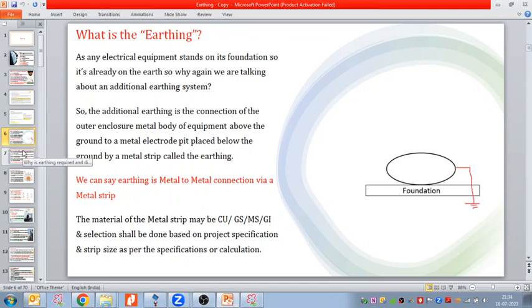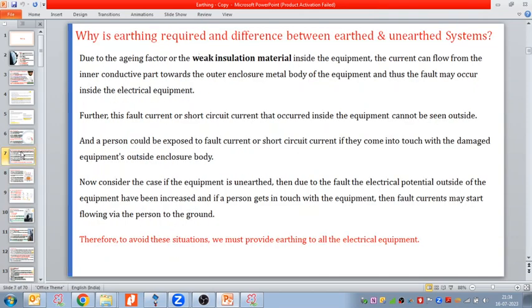So this is what earthing is. Now let us discuss why earthing is required, and the difference between earthed and unearthed systems.